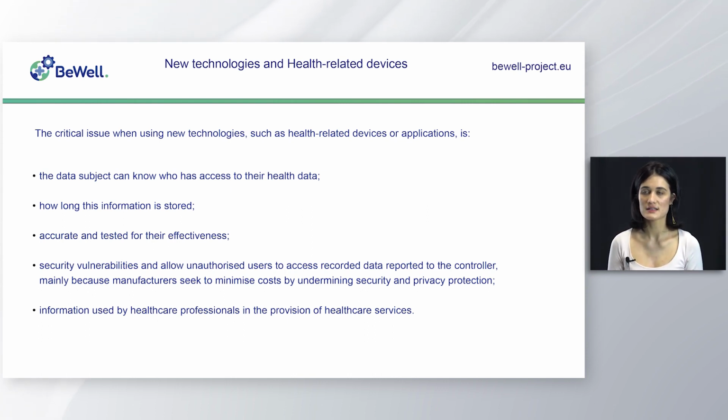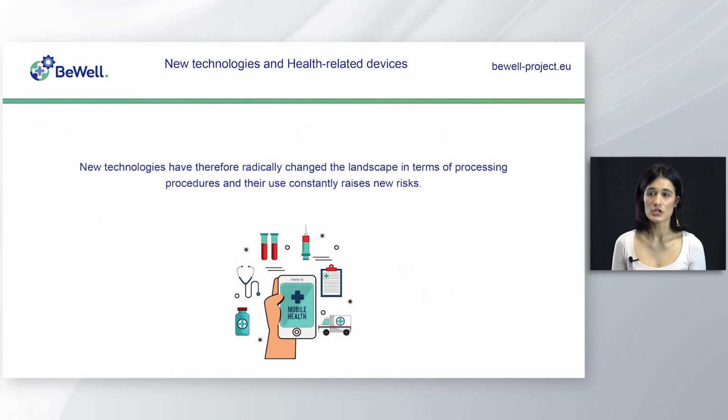Unlike medical devices and machines in hospitals and clinics, these devices present security vulnerabilities and allow unauthorized users to access recorded data reported to the controller, mainly because manufacturers seek to minimize costs by undermining security and privacy protection. This information may also be used by healthcare professionals in the context of the provision of healthcare services. New technologies have therefore radically changed the landscape in terms of processing procedures, and their use constantly raises new risks.